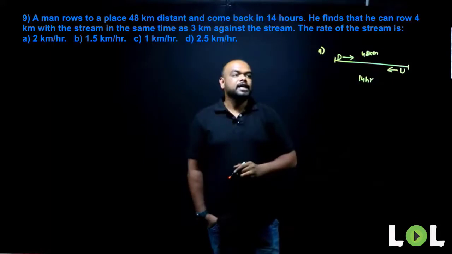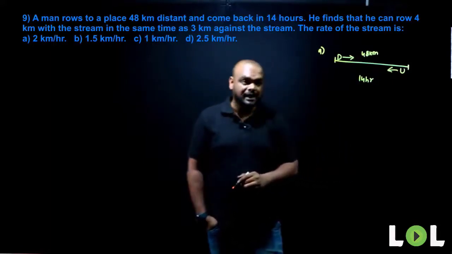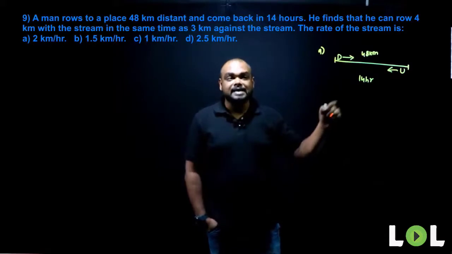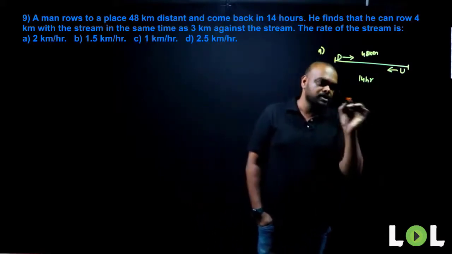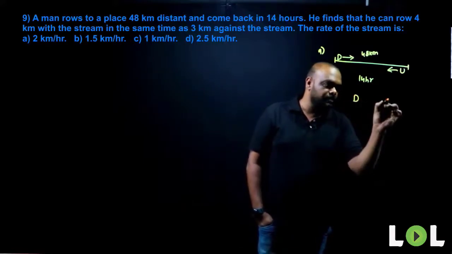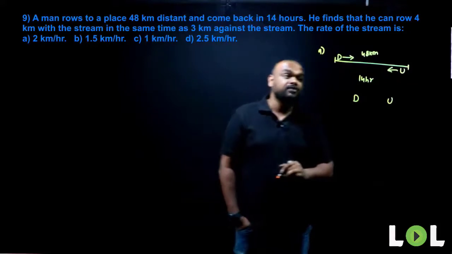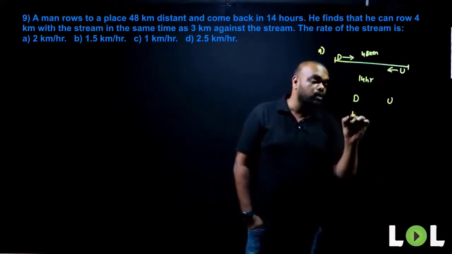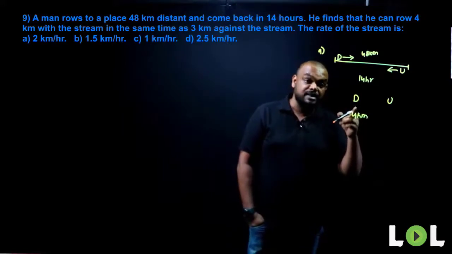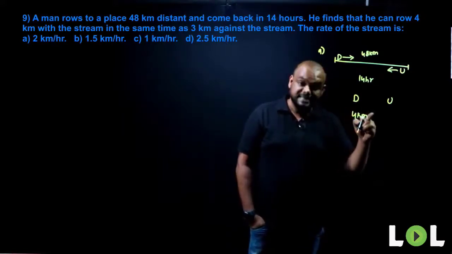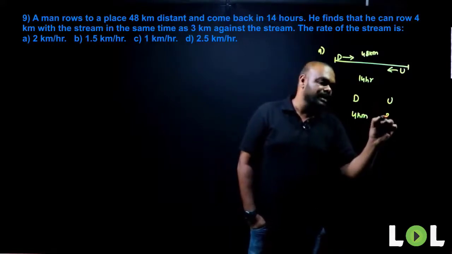In 14 hours. He finds that he can row 4 kilometers with the stream in the same time as 3 kilometers against the stream. Okay, observe this carefully. During downstream and upstream, he finds that he can row 4 kilometers with the stream, with the stream means downstream, in the same time as 3 kilometers against the stream, that is upstream.